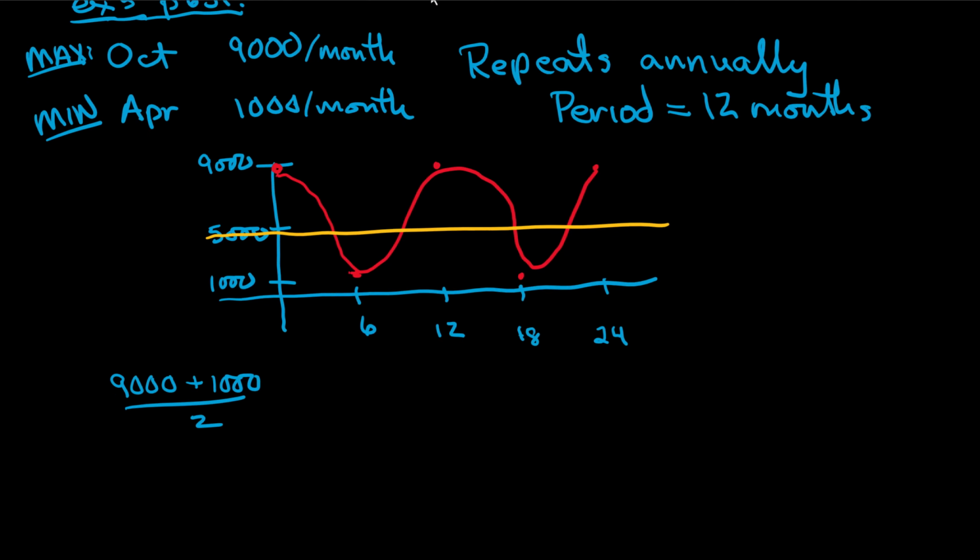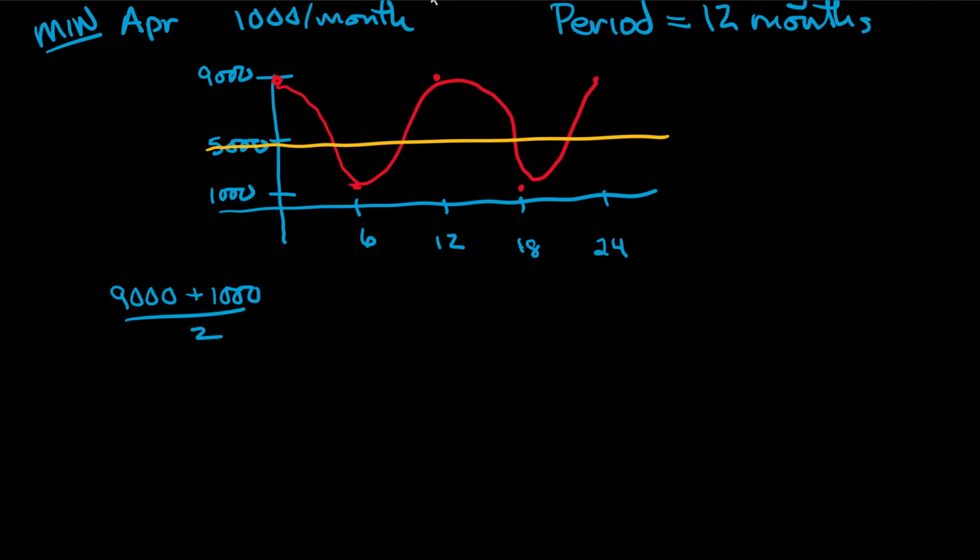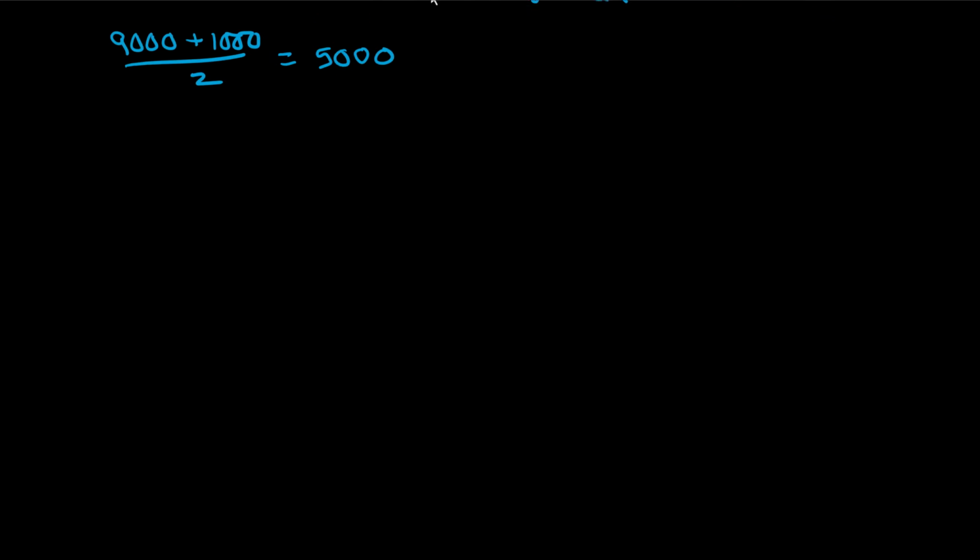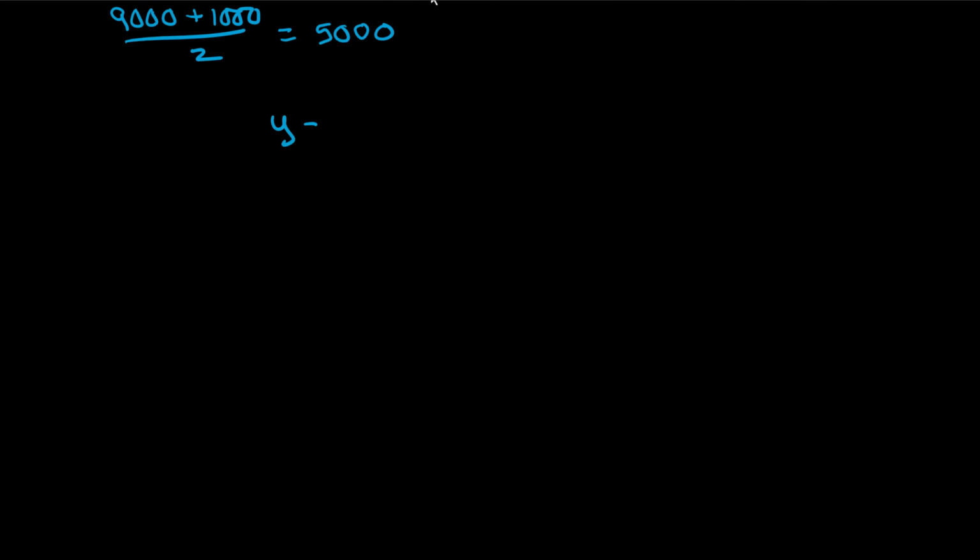Okay, so let's see what we have here. We've computed our midline, which is 5,000. We know that we want to use a model where y is equal to a times the cosine of b times x minus c over b plus d.